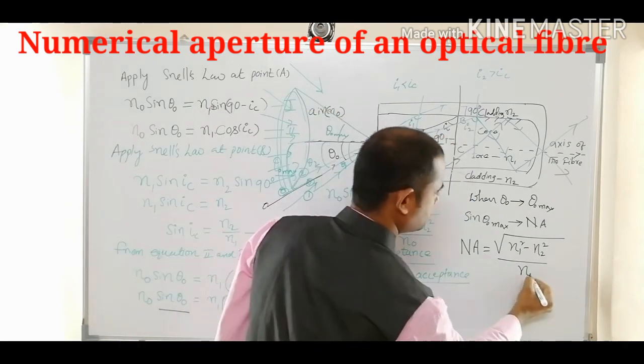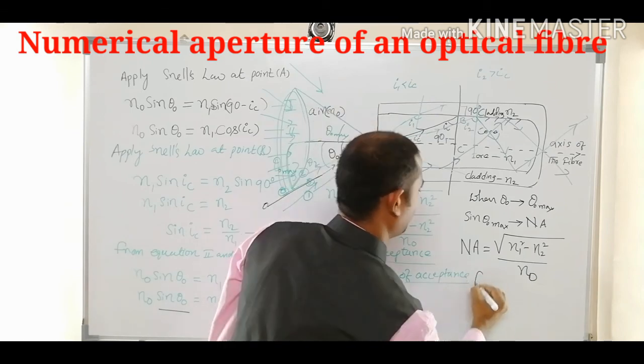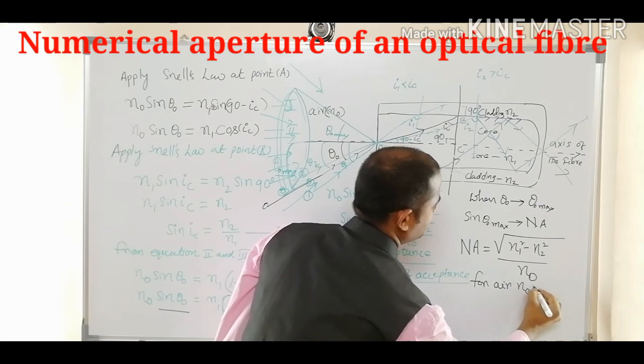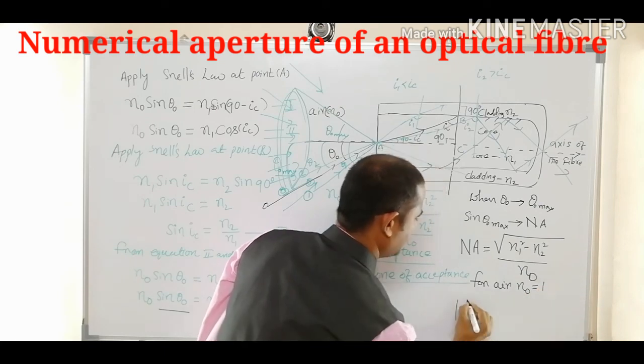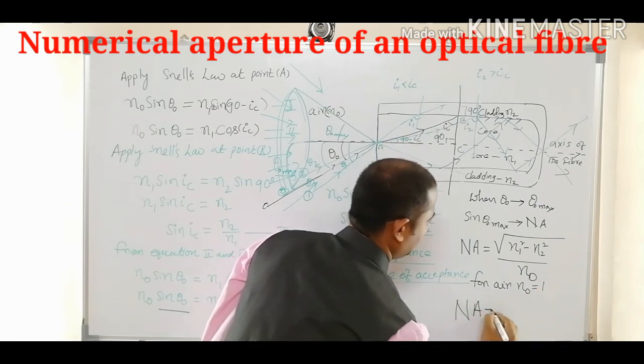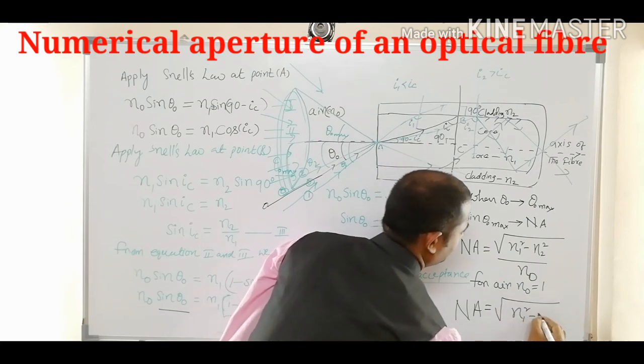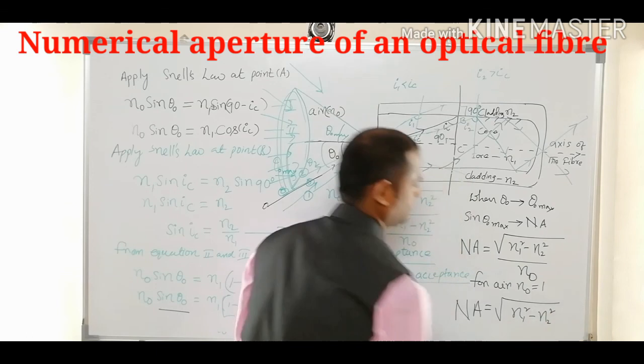I'm sorry, this is N naught. For air, the refractive index N naught is equal to 1. Hence, we have NA equal to square root of N1 square minus N2 square.